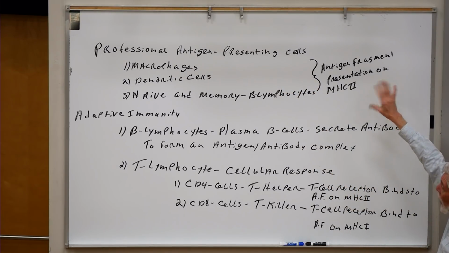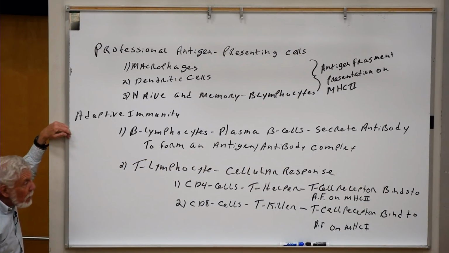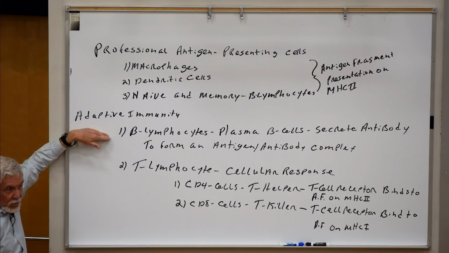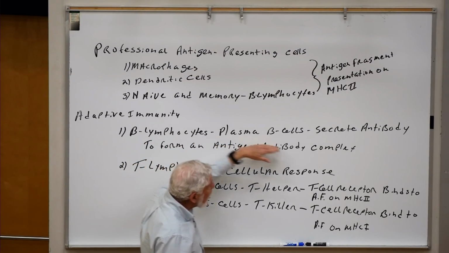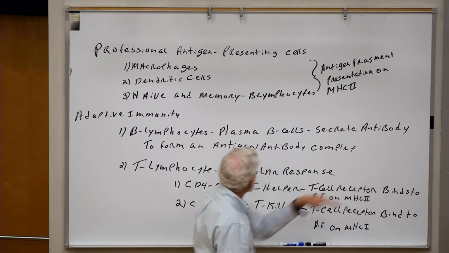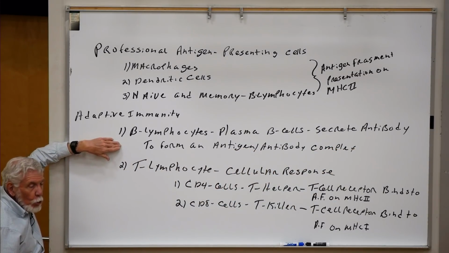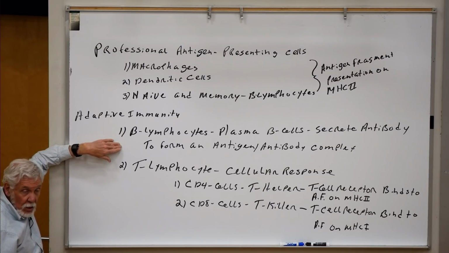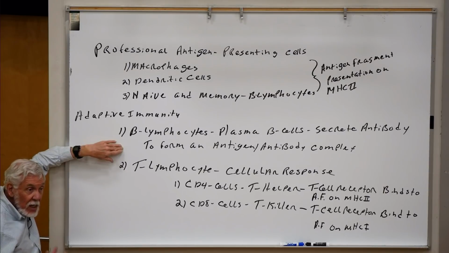Before we can get too far down that line, though, we have to spend a little bit of time on what we mean by adaptive immunity in the B lymphocytes. The B lymphocytes, sometimes known as the plasma B cells, will secrete antibodies. These B lymphocytes are part of the so-called humoral branch of the immune system, and they're known as the humoral branch because they're secreting those antibodies, those soluble proteins that are in the plasma of the blood and also secreted into the lymph.